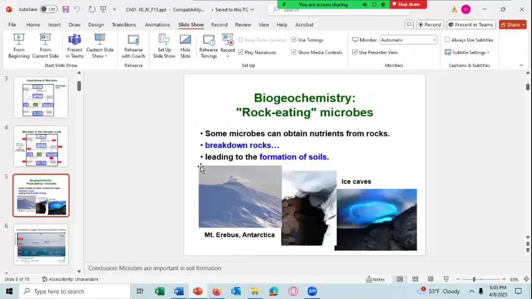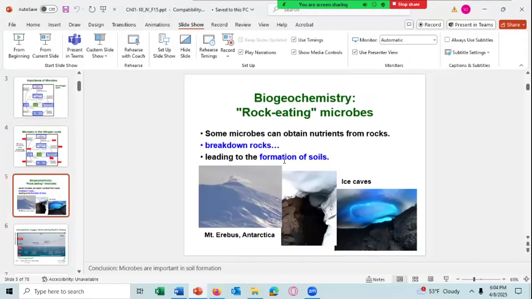Let's talk a little bit about biogeochemistry. There are rock-eating microbes which can actually obtain their nutrients from rocks. When these microbes eat the rocks, they break down the rocks, leading to the formation of soils. They are not the main way soil is made. The main way soil is made is by erosion, by wind and water, breaking down the rocks.